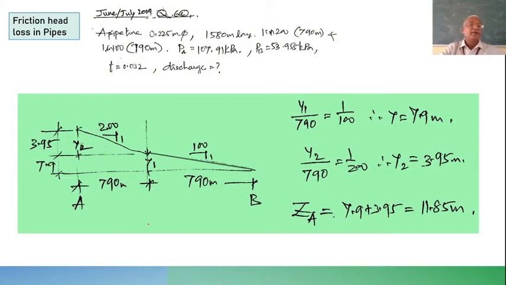Now you can see here, from the geometry I can calculate the values of y1 and y2. It is easy. From this triangle, 1 by 200 is equal to y2 by 790. I have written here 1 by 200 equal to y2 by 790. From there y2 will be 3.95 meters. Now here also vertical side 1, horizontal 100.